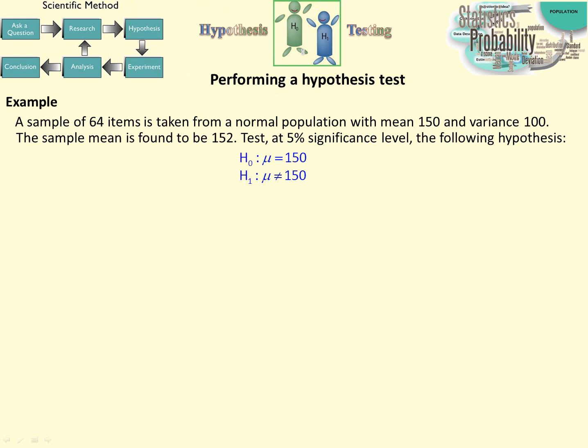Null hypothesis, that the mean is 150, and the alternative hypothesis that the mean is not 150. So there it is, normal distribution, 150, 100.